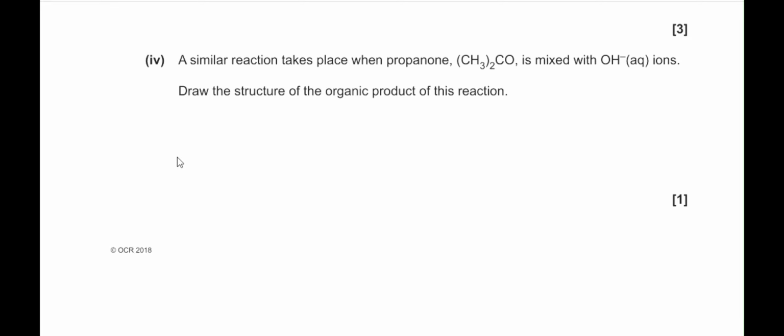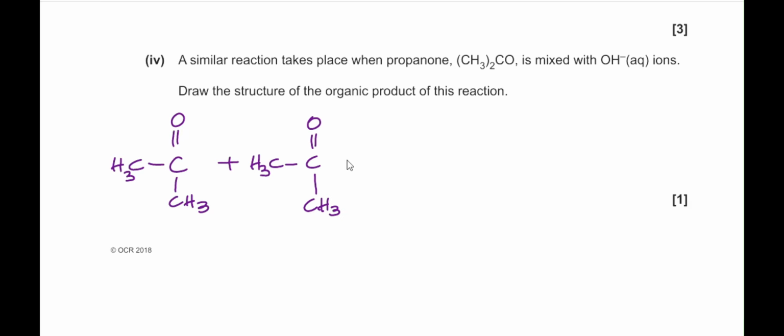So propanone has this structure, double bond O here, plus one more of that, in presence of hydroxy group, it should form. So you can see that the carbonyl group changes to the OH group.